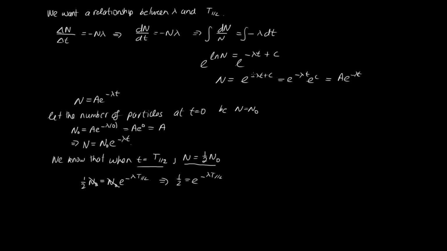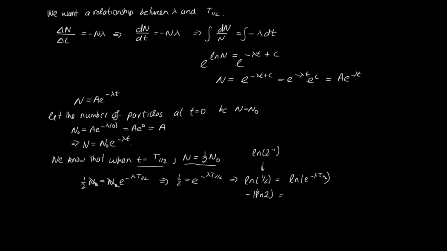Now what we're going to do is the opposite to what we did here. We're going to take the log of both sides now to get rid of this exponent. So when we do that, we end up with log of a half is equal to log of e to the minus lambda t1/2. And so we can write this as log of 2 to the power of minus 1. And so we can write this as minus 1 times log 2, so i.e. just negative log 2.